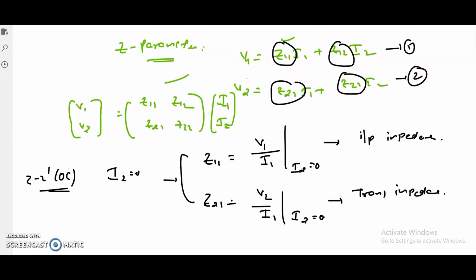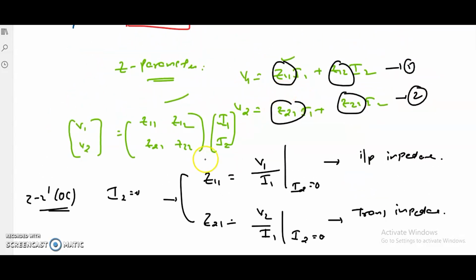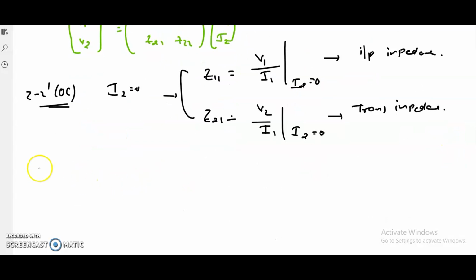Next, if you want to get the Z12 and Z22 from equations 1 and 2, you have to make I1 as 0. So I1 as 0 means 1 and 1 dash, both these two terminals have to be open circuited, and then I1 becomes equal to 0.